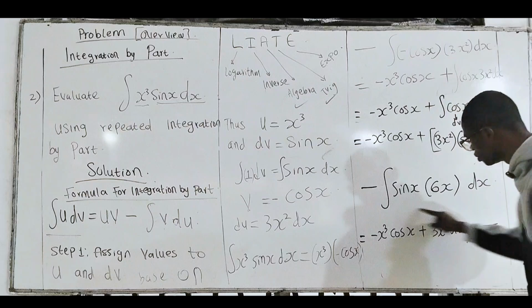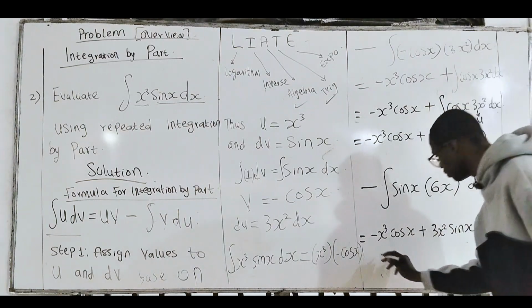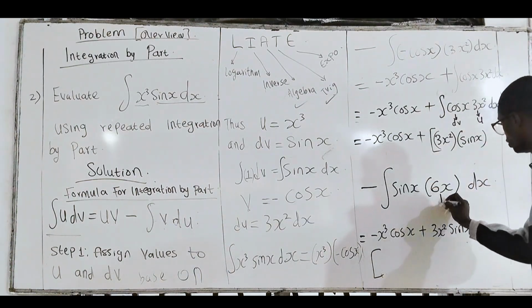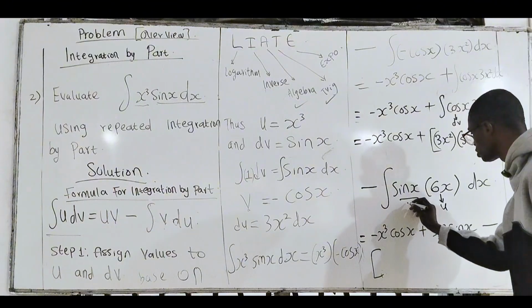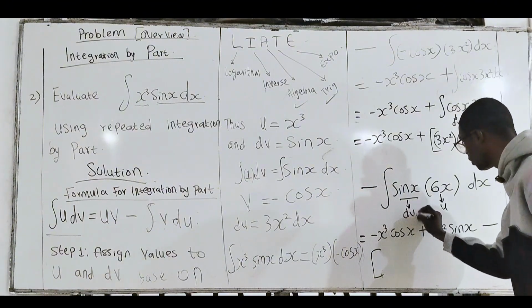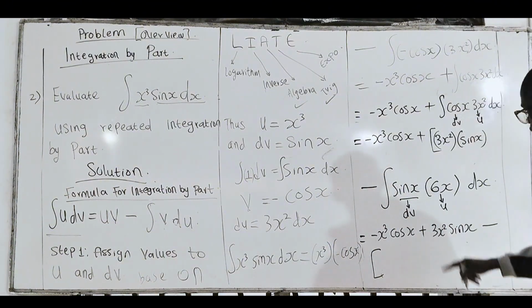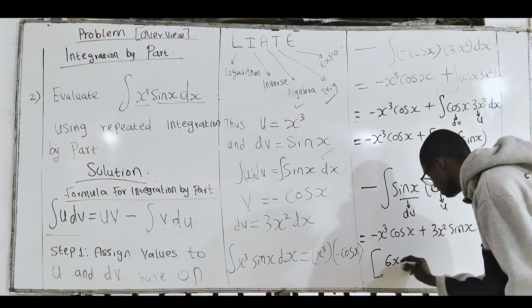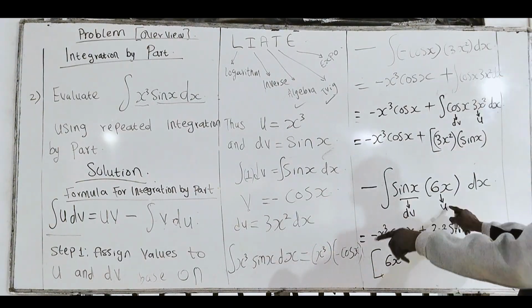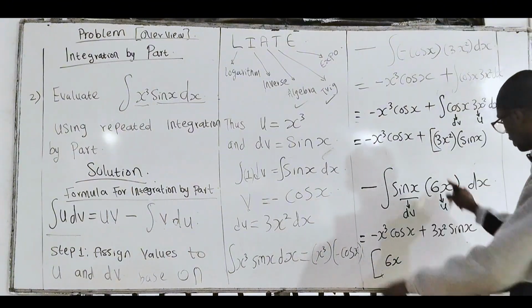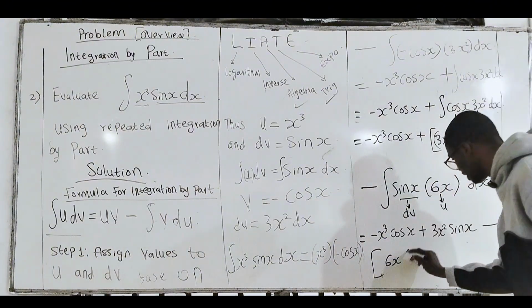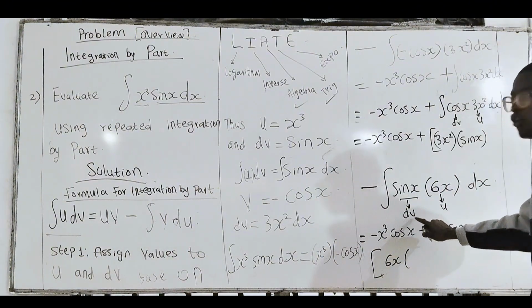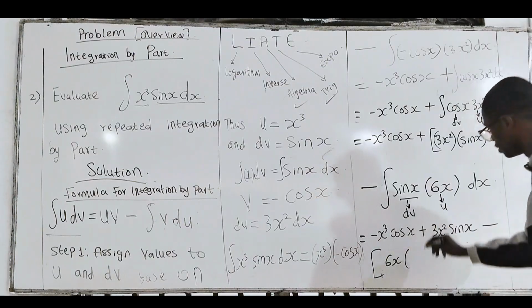I should still know my u and my dv. According to the formula, u is 6x. Now 6x, what about dv? We are looking for v from dv. Integrate this.